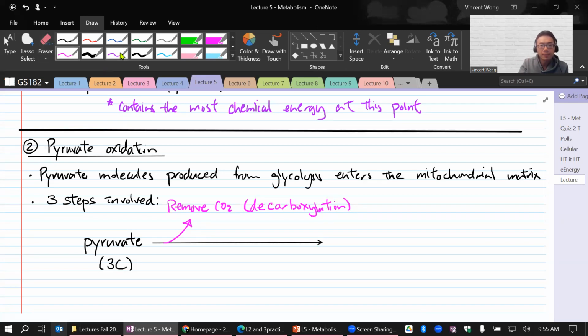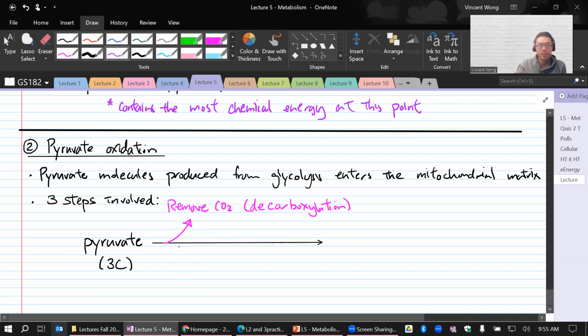Secondly, as we said earlier, we are going to oxidize the pyruvate, which means you will release high energy electrons. Every time we release high energy electrons, we need to capture them with an energy carrier, such as NAD+. Capture it, and then it will become NADH.